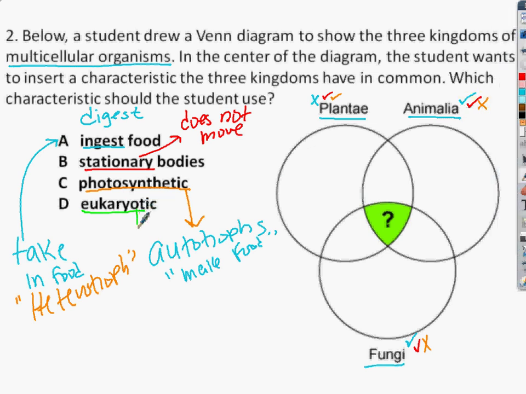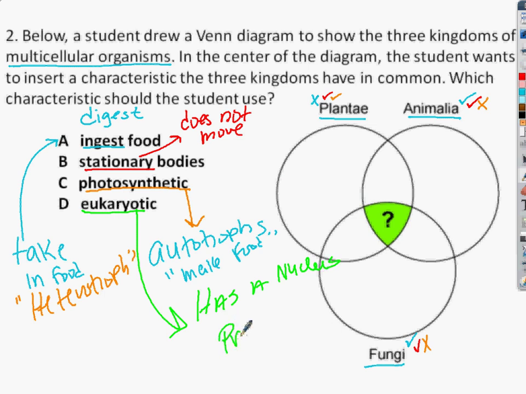Well, eukaryotic, what does that mean? It has a nucleus. All things except for prokaryotes have a nucleus.